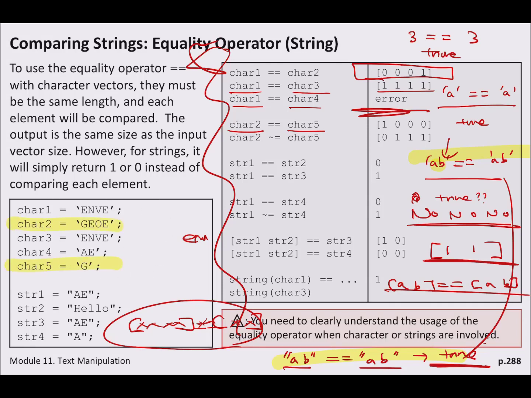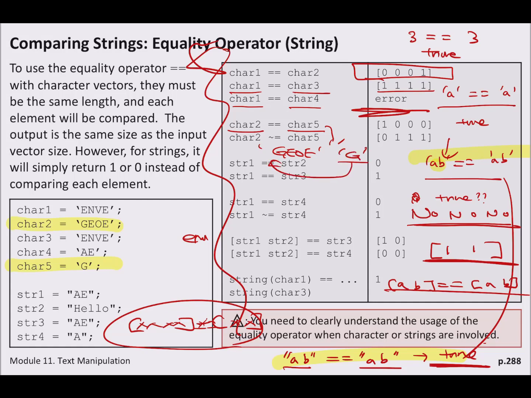What about character 2 and character 5? The only exception is you can compare with one single value or one single character. In this case, character 2 is ZOE, and then G, right?